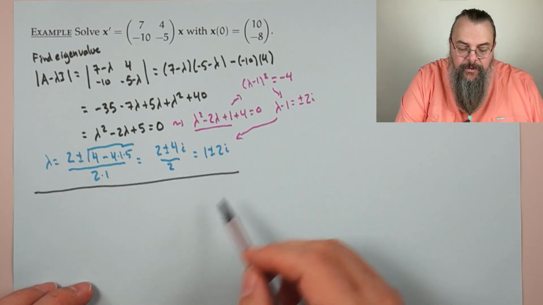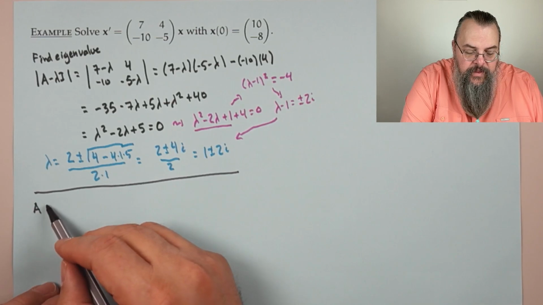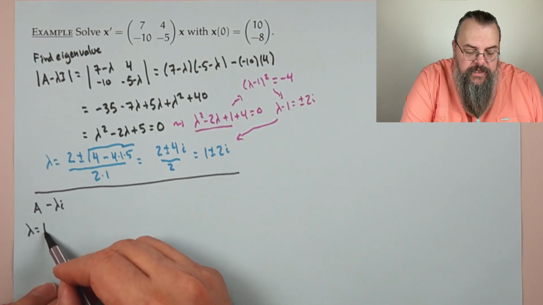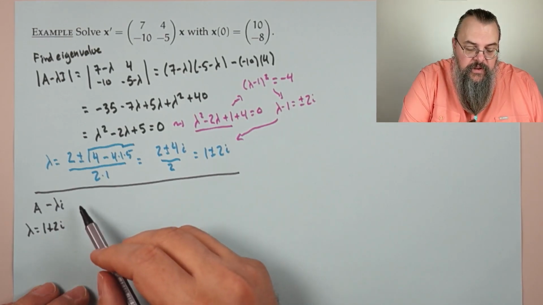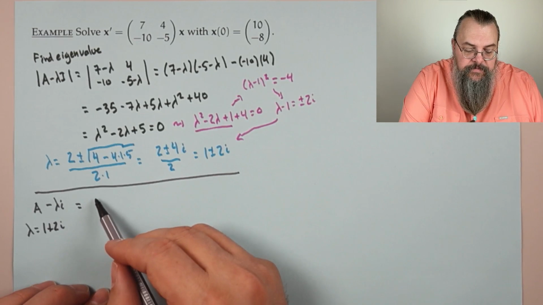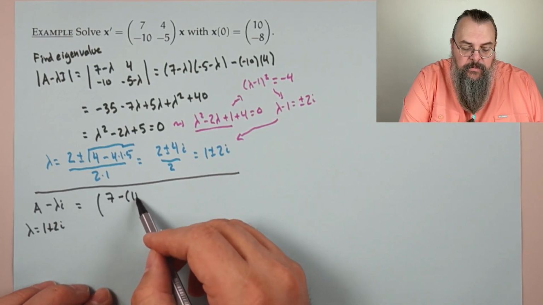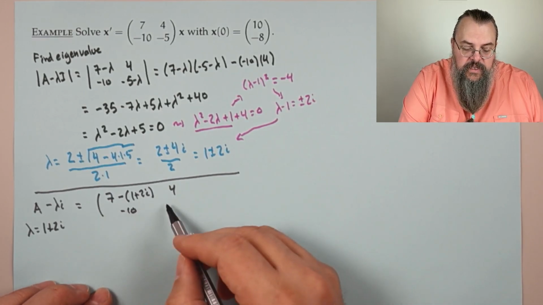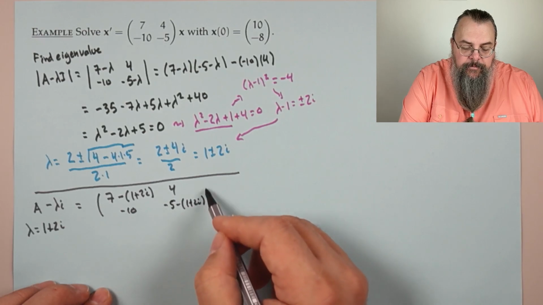All right, so what do we do? We're going to take our A minus lambda I. So we want to be very explicit about which eigenvalue we're using here. So I'm going to use 1 plus 2i. All right, so this would be 7 subtract 1 plus 2i, 4, minus 10, minus 5 subtract 1 plus 2i.